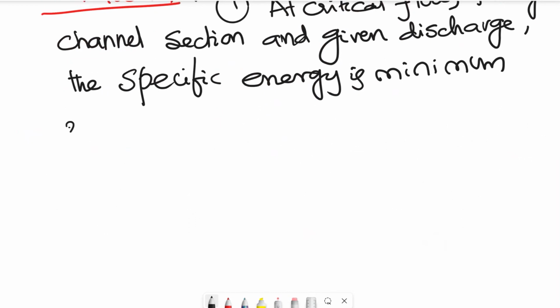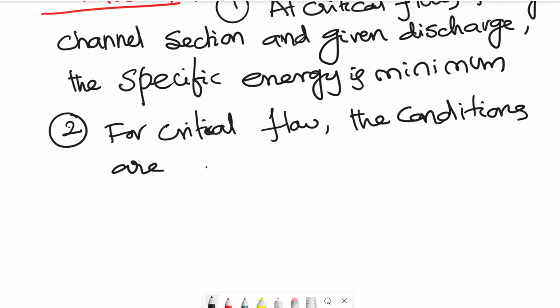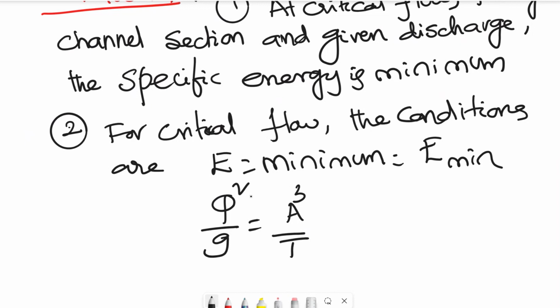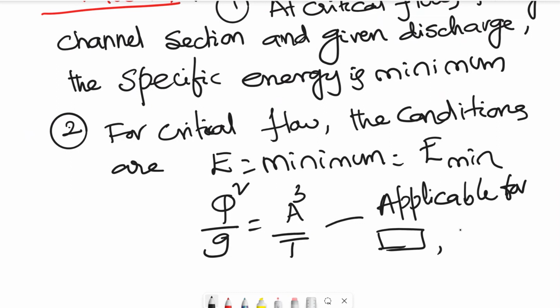The second point we should understand is that for critical flow, the condition is E equal to E minimum, and then Q squared by g is equal to A cubed by T. This equation is applicable for rectangular, triangular, trapezoidal, or circular channels.